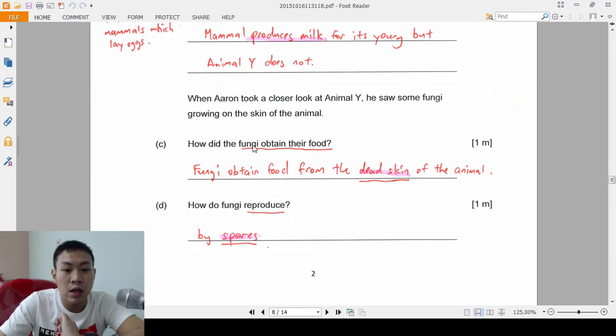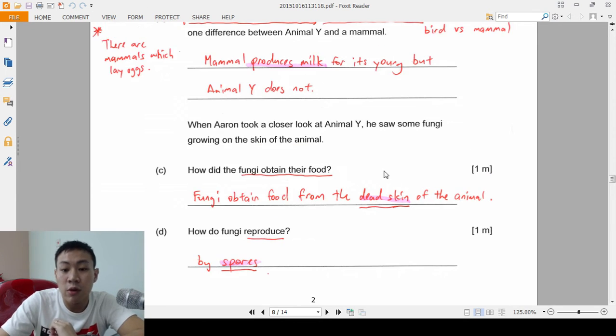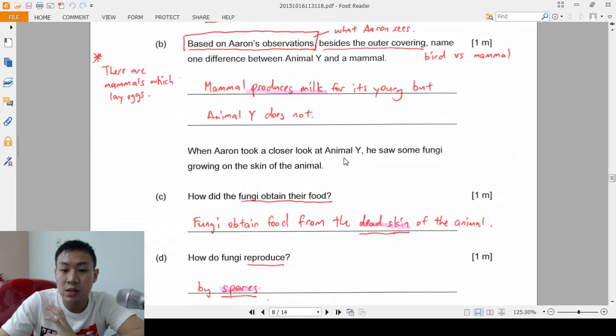Part C. How do the fungi obtain their food? Okay, you look at animal Y, you know that it's fungi. Fungi obtain food from dead organisms. But it's on animal Y and it's growing on the skin of animal Y. Although animal Y is not dead, you still have dead skin around. Just like for us, we don't really see that we have dead skin, but maybe like dandruff.